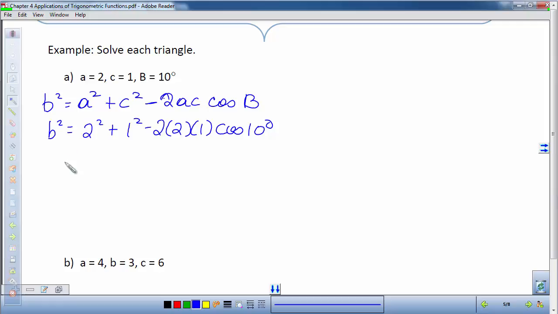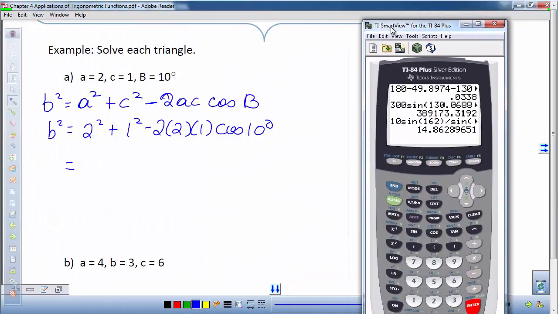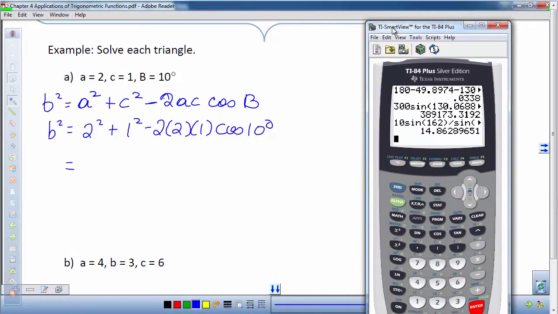So we put all that on the calculator. I've got 4 plus 1 is 5, minus 4 times cosine of 10 degrees. I got 1.066, that's B squared.